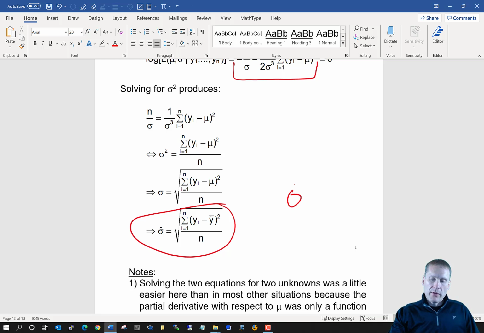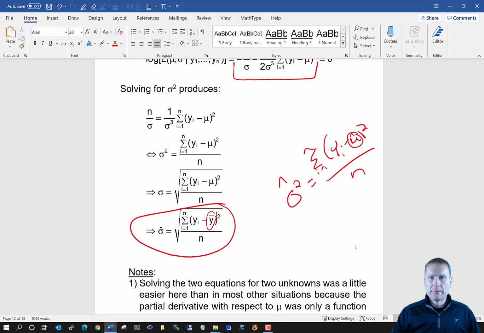And equivalently, sigma hat squared is then the sum i equal 1 to n, y sub i minus mu squared over n. And I failed to mention this. So you have a mu in there. So let's replace it with mu hat, or in other words, y bar. Okay.